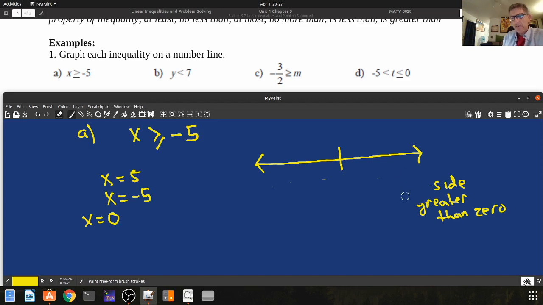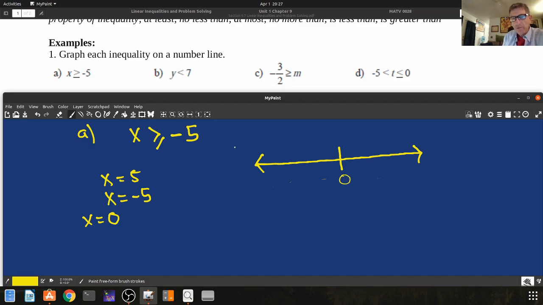Since you're going to be taking your exams in my math lab, they will already be drawn for you, a number line of some sort. If we were taking them in class, I would also have them drawn for you. So just remember that 0 is right here.